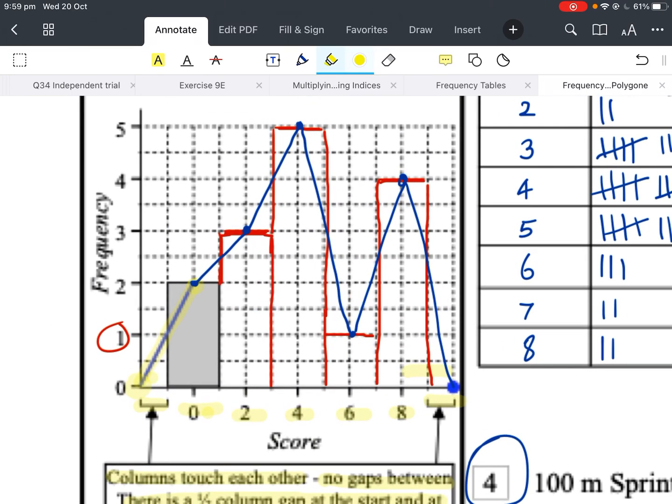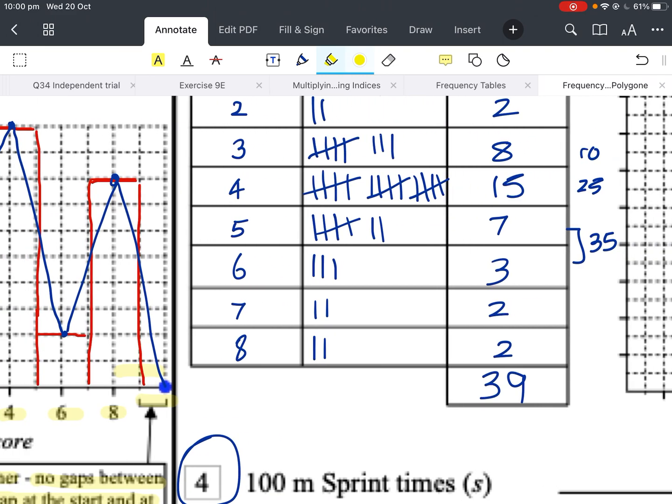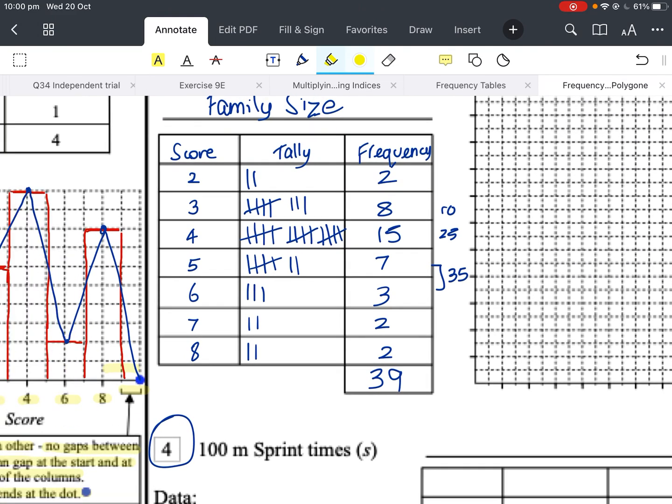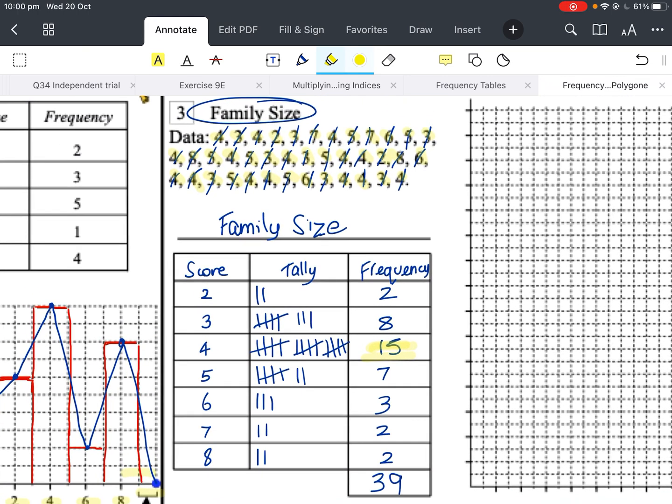Over here, they already did the numbers for us, didn't they? Now, normally frequency starts at 0 and it goes up by 1s. Our biggest frequency number is 15. So let's check and see if we've got 15 going up. If I start from 0 here, that's 0, 1, 2, 3, up to 15. Beautiful, it does. I'll just get rid of those.